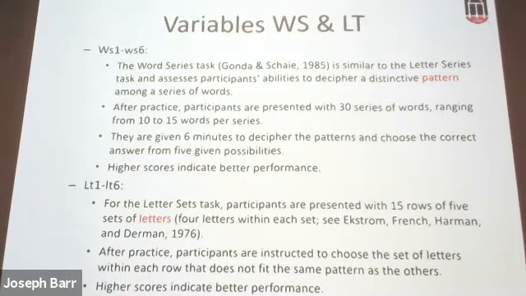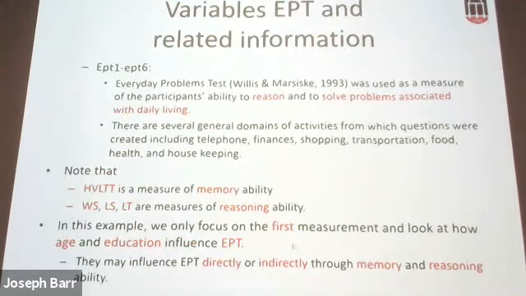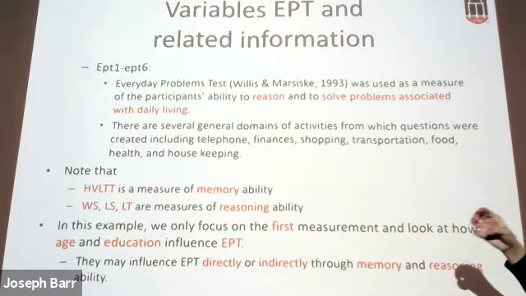Higher scores indicate better performance. And the EPT, short for the Everyday Problems Test. This is our dependent variable. We're trying to improve the elder person's everyday problem solving ability, so usually we use the EPT as our dependent variable.